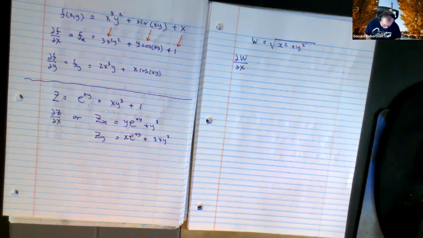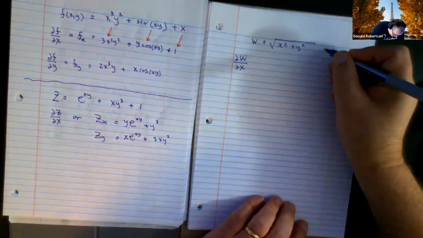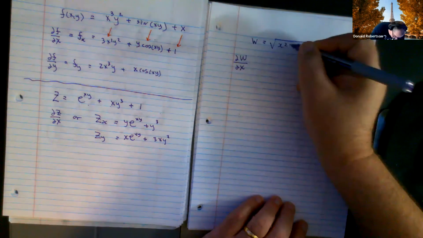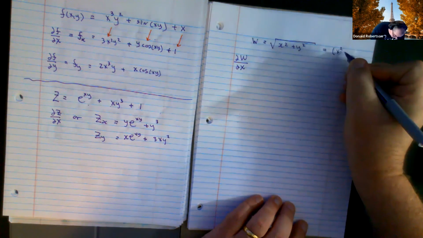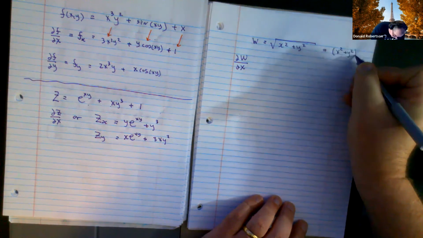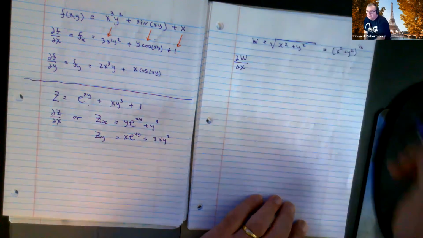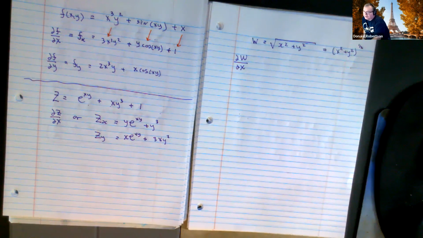Now, if I want to differentiate this function, it makes a lot of sense to call it a half power. Because writing it that way, won't it make it a bit more obvious that it's a chain rule?